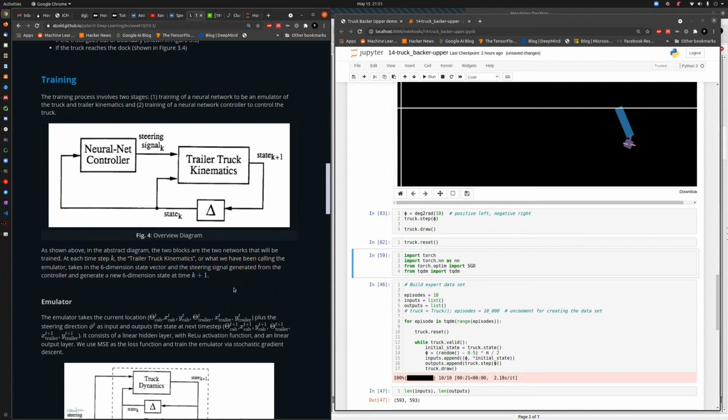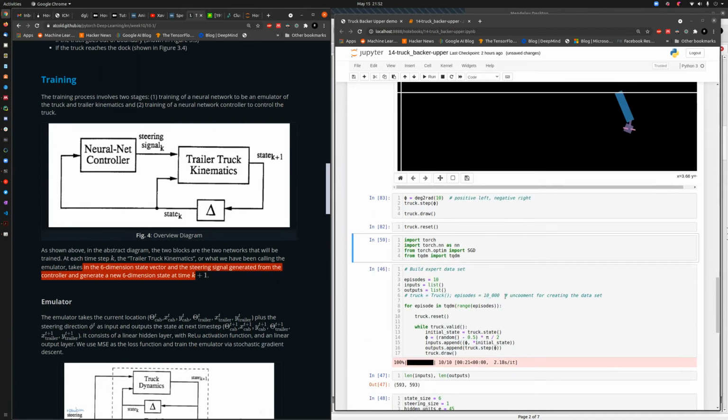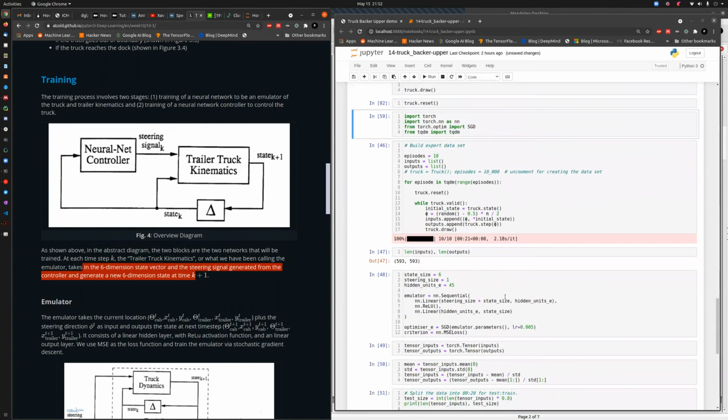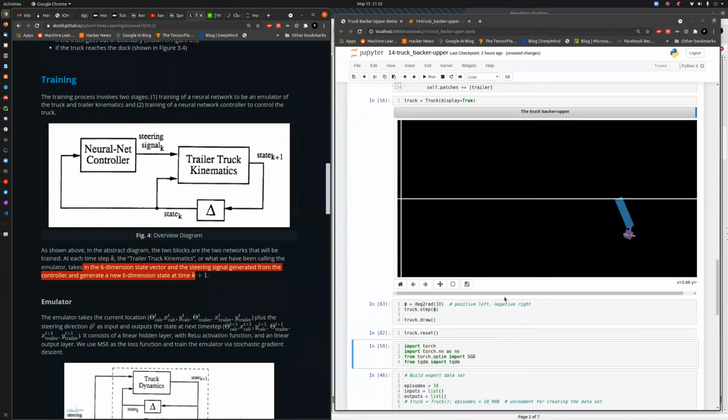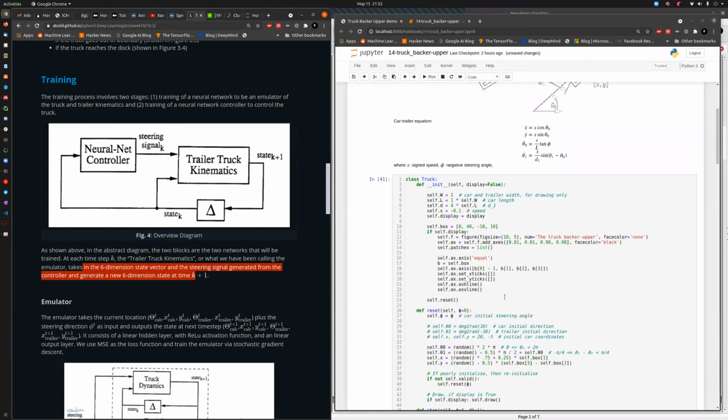Trailer truck kinematics, which has been, let me try to give a representation of the 6 dimension state at the time which is being used here. 6 dimensions.